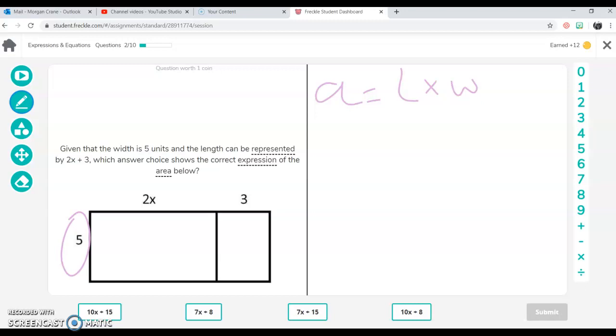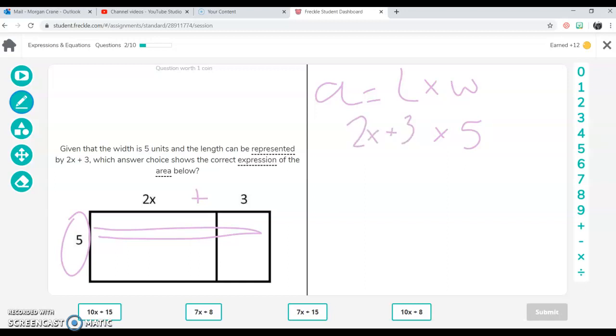Okay, so we have our width, which is 5. So we know that 5 is going to go in here, but we need to figure out what we're going to do for the 2x plus 3. Well, that's the length. We can see that. This whole thing is the length. 2x plus 3 is going to be the length.